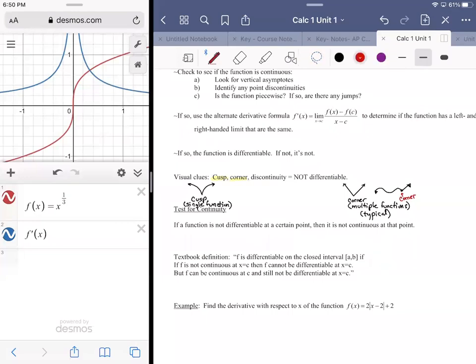So the cusp, the test would be that f of a exists and the limit as x approaches a from the left of f prime of x and the limit as x approaches a from the right of f prime of x are equal to opposite infinities.